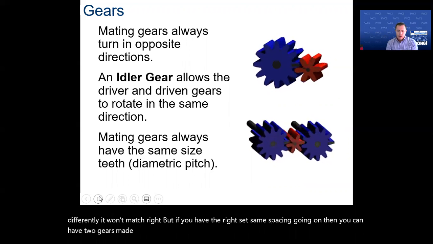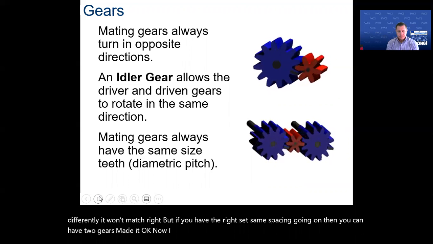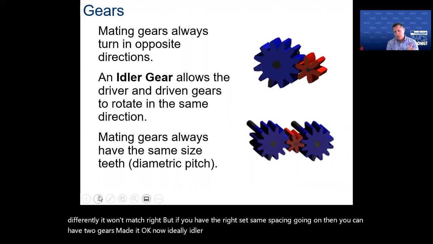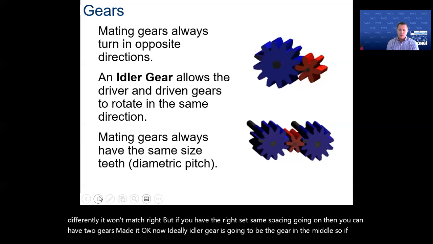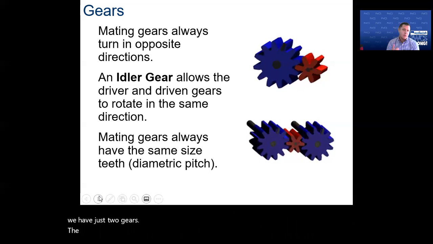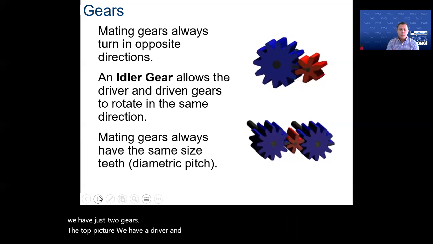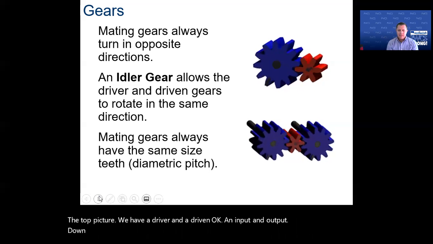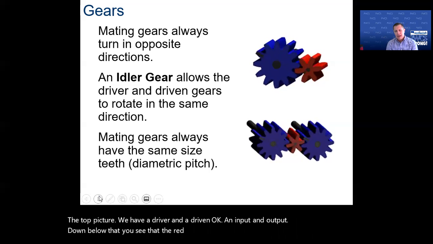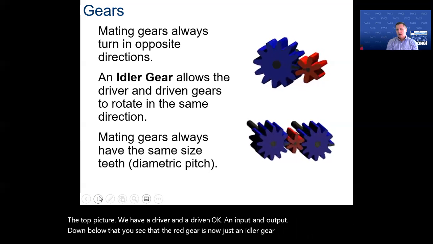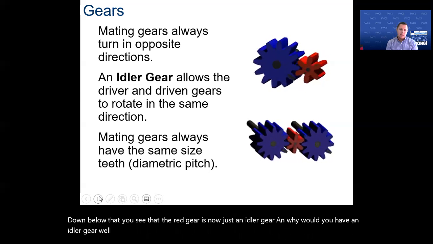Now, an idler gear is going to be the gear in the middle. If we have just two gears, like the top picture, we have a driver and a driven, an input and an output. Down below that, you see that the red gear is now an idler gear. Why would you have an idler gear? Well, it's helpful because it helps change the direction.